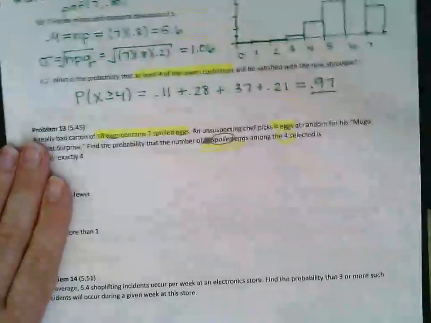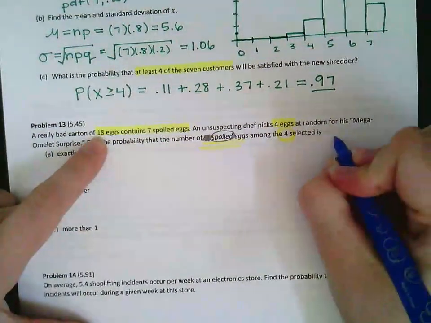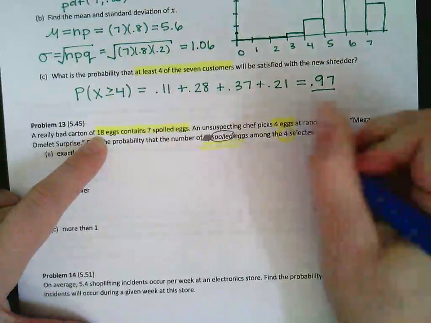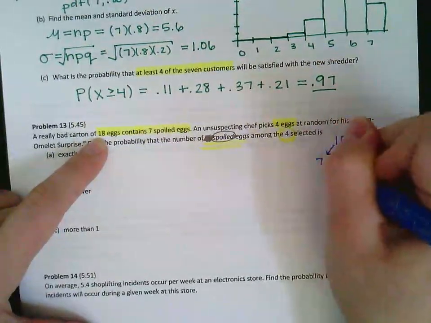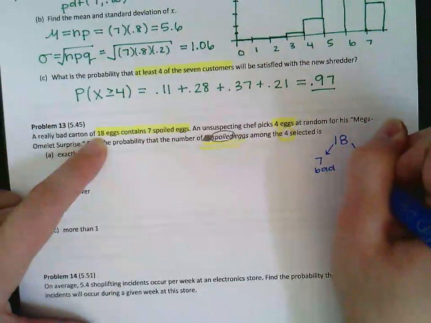All right. So for the spoiled eggs here, we are going to look at 18 first. So out of this 18, I have 7 that are bad, which means I have 11 that are good, right?